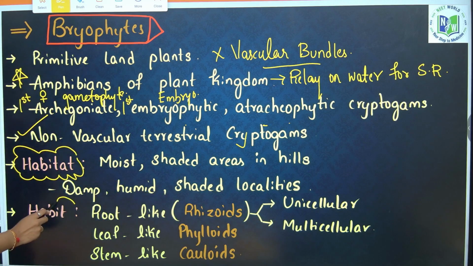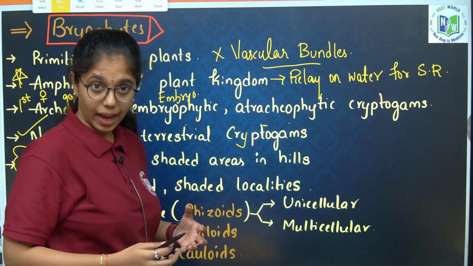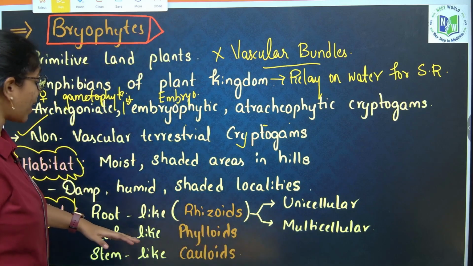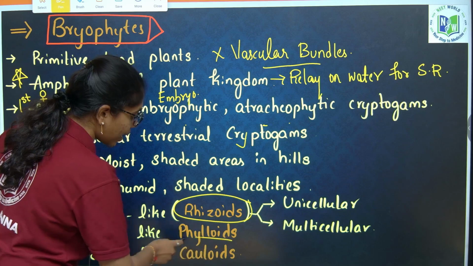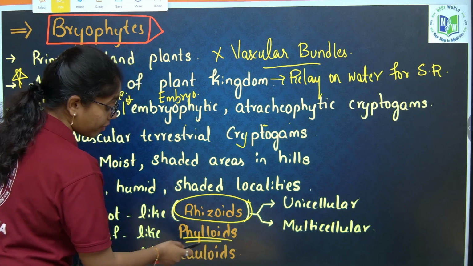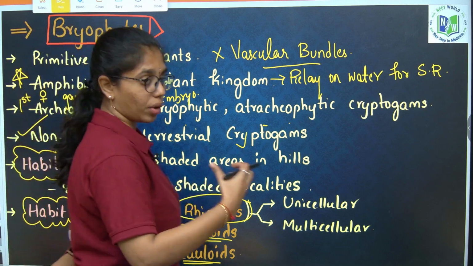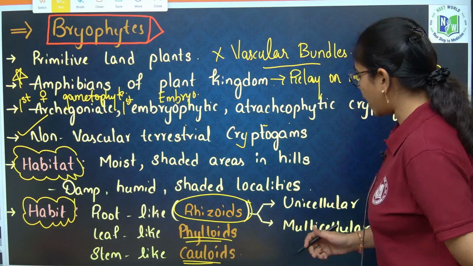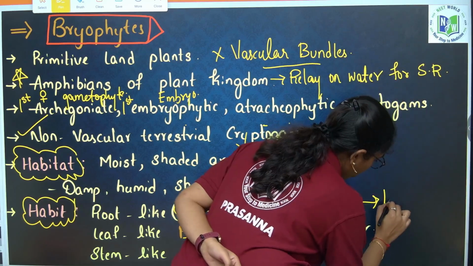If you look into habit, there are no specific root, leaf, stem structures, but there are root-like, leaf-like, stem-like structures. We have root-like rhizoids, leaf-like phylloids and stem-like caulloids. Unicellular rhizoids you will see in liverworts.